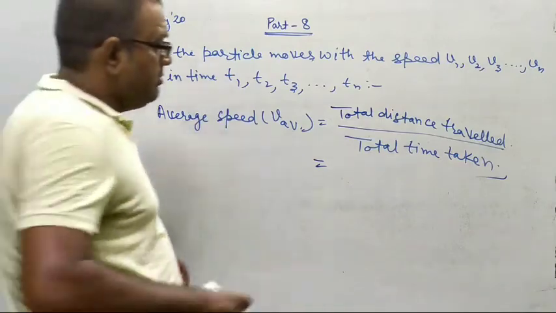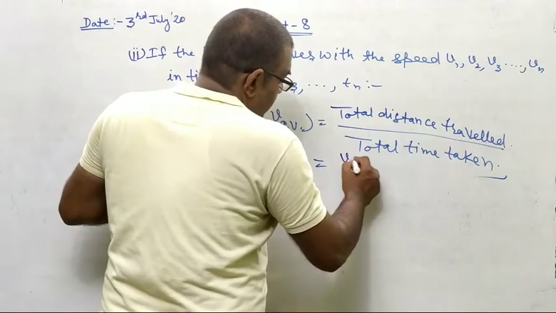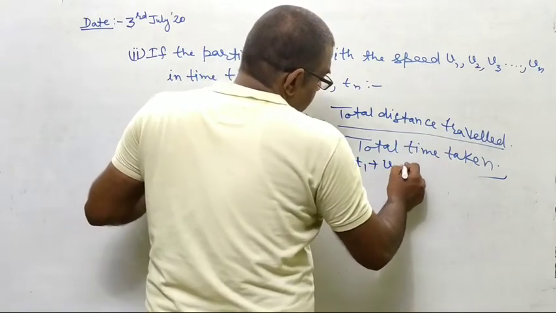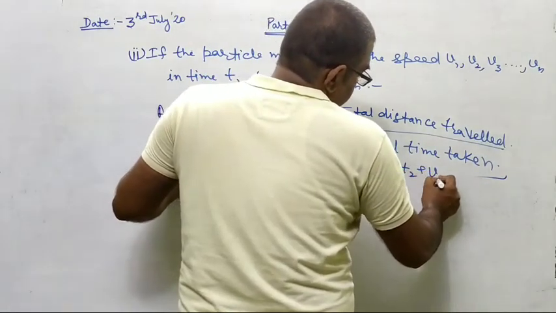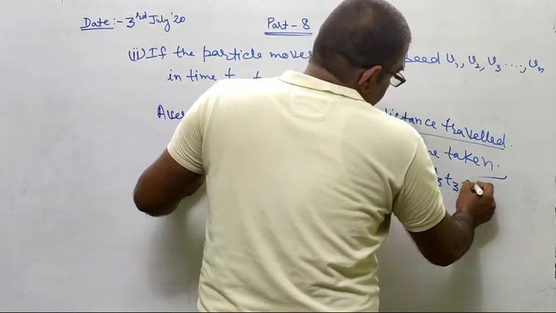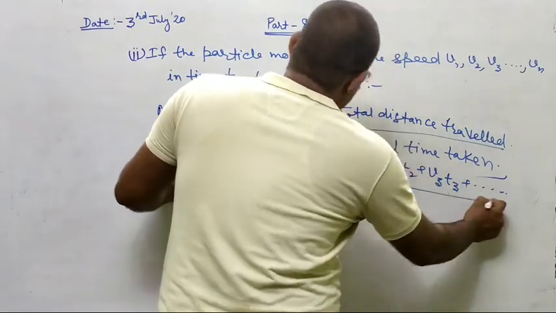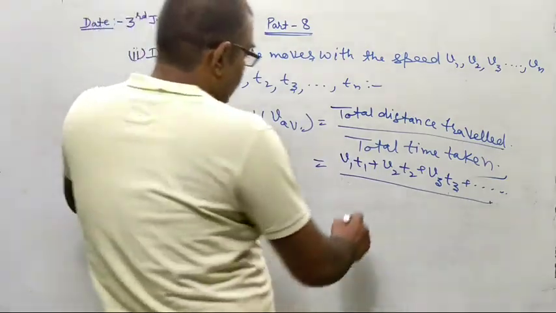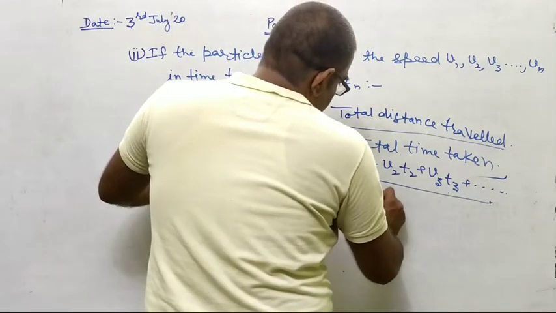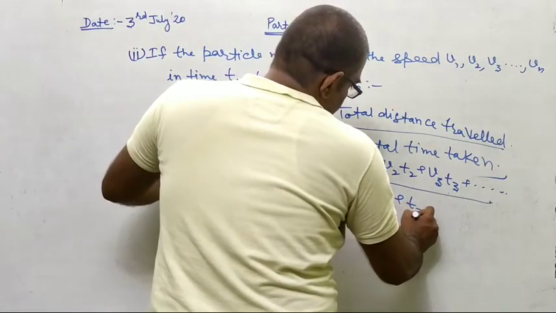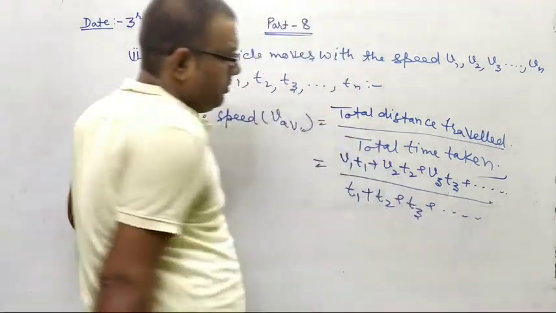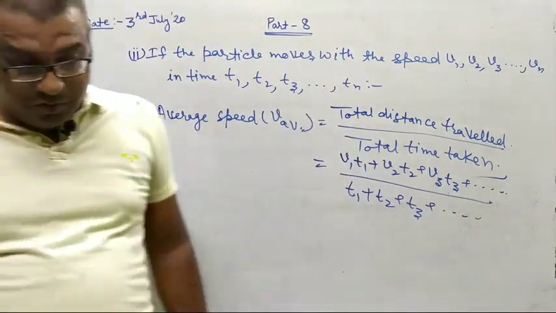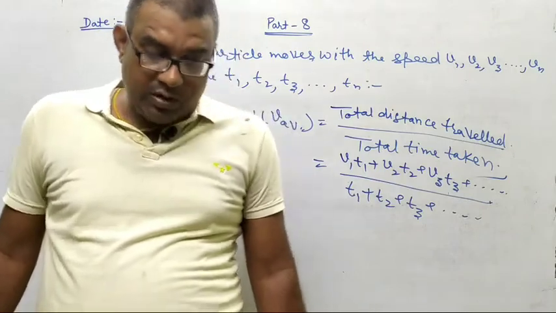That is equal to v1 t1 plus v2 t2 plus v3 t3 plus up to so on, upon time t1 plus t2 plus t3 up to so on.